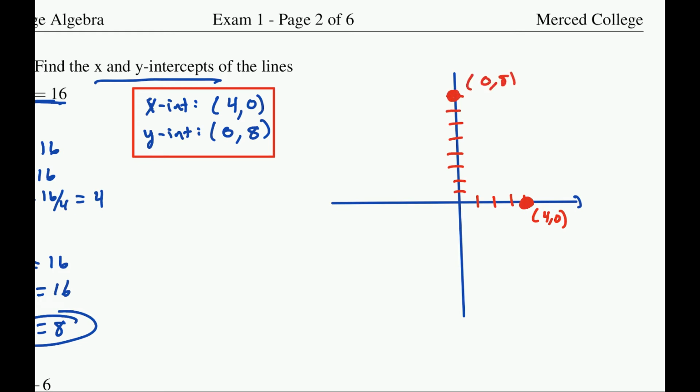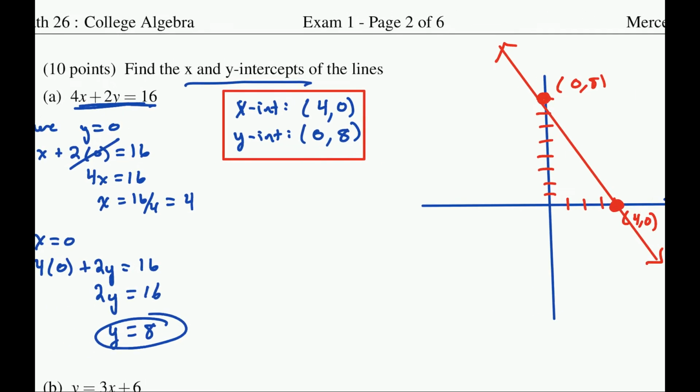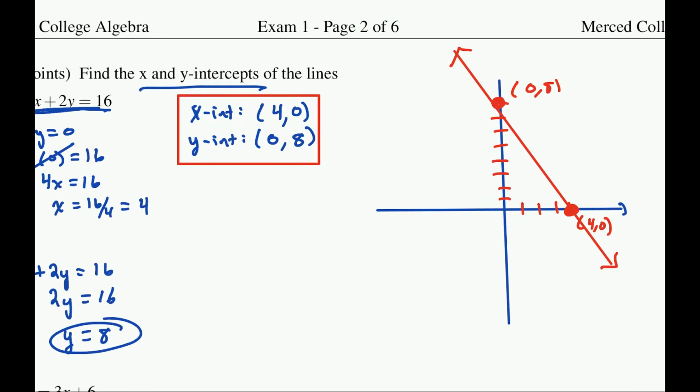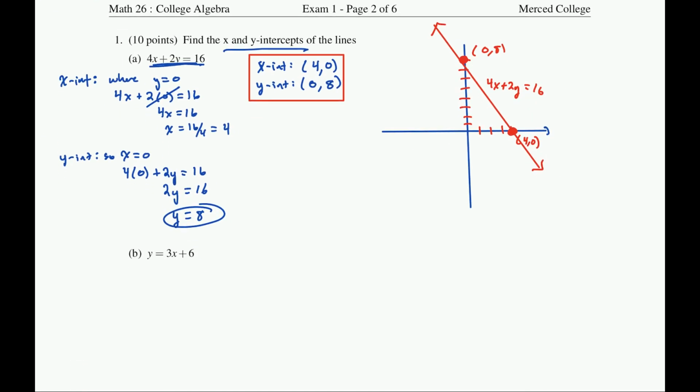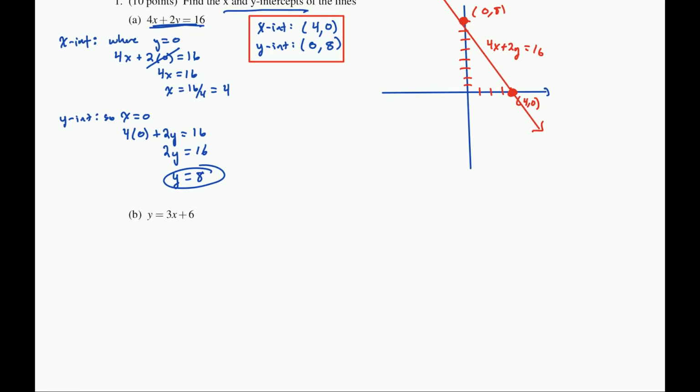If you connect the dots with a line, I didn't do that particularly well, that would be your line, 4x plus 2y equals 16. Okay, and that's how you do it.